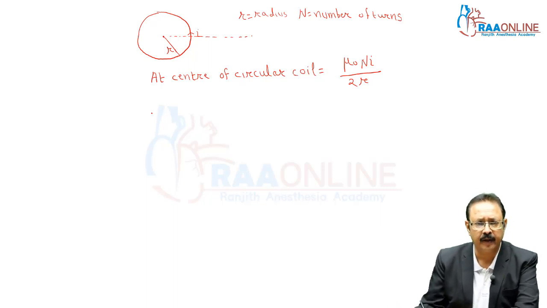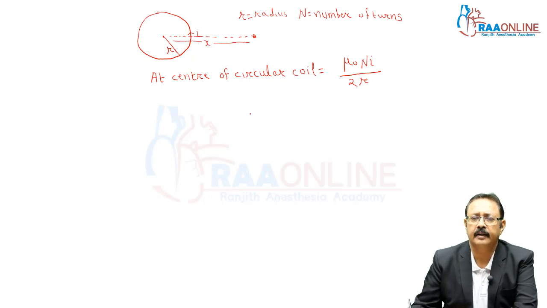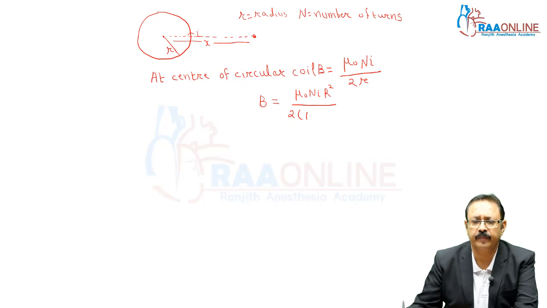Next, if we want to calculate magnetic field at a point on the axis, suppose at this point, and this point is at x distance, then magnetic field will be mu naught Ni r square divided by 2 into r square plus x square raised to the power 3 by 2.